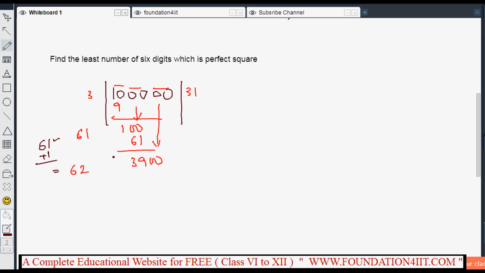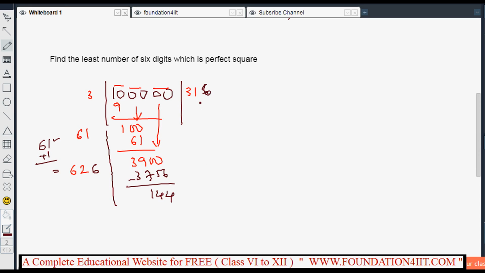Now next place, 626 sixes are 3756. So just subtract: 144. So the least number of 6 digits which is a perfect square, they said.